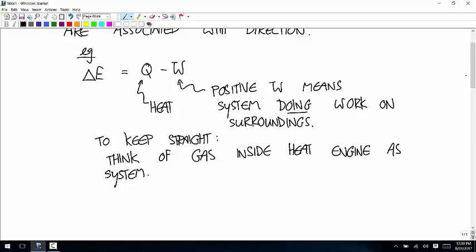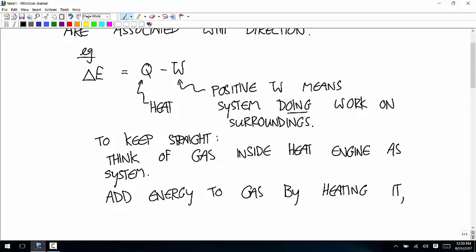That adds energy to the system, and then that energy is taken out of the system by using that energy to run a train or whatever you use the engine for. Okay, so you add energy to the gas by heating it, and energy is used to apply forces to the surroundings.